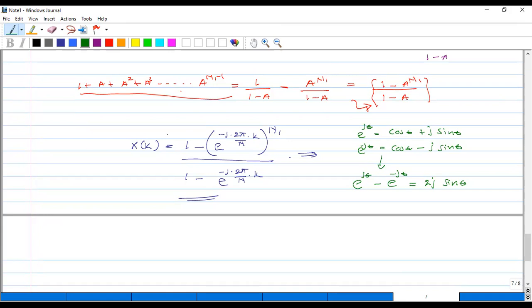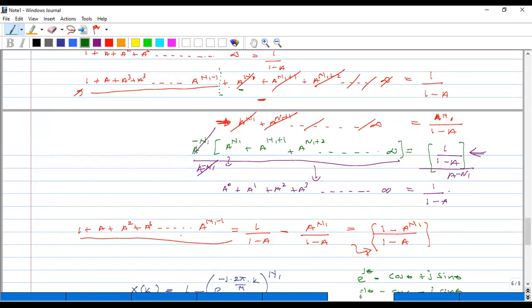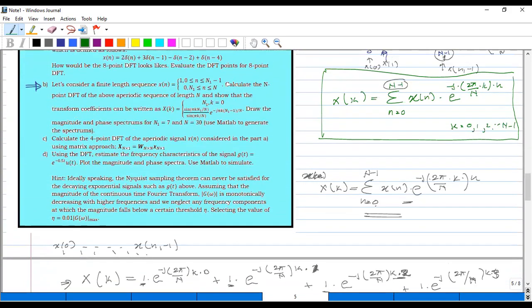Let me write this in this form. Xk is equal to minus e to the power minus j 2 pi by k n1. You see here also we get this kind of one.